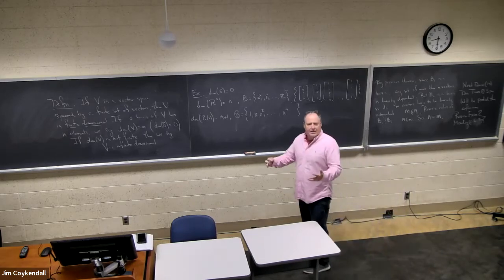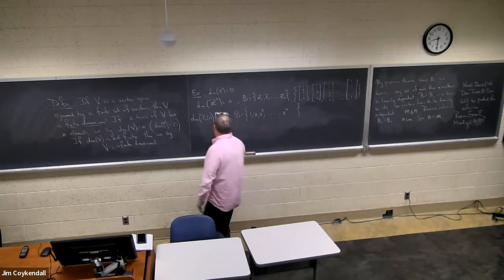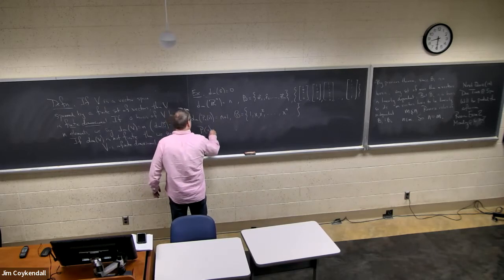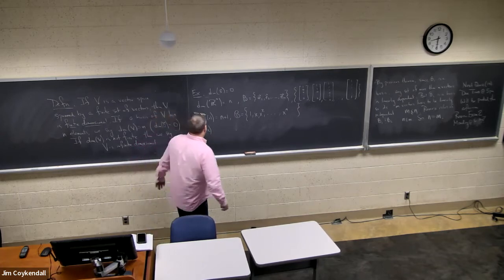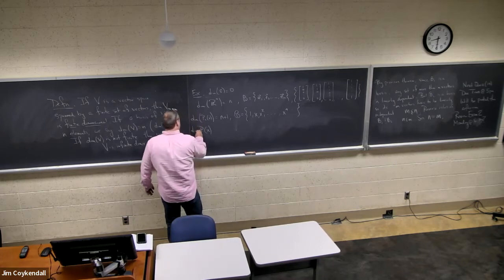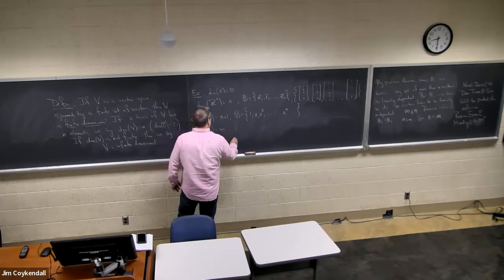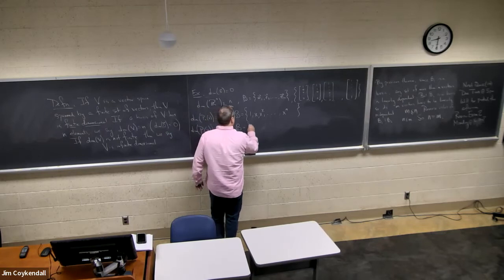Here's one that's maybe the most familiar. How about all polynomials with no restriction on degree? The degree can be as big as I want. The dimension of this is infinity.